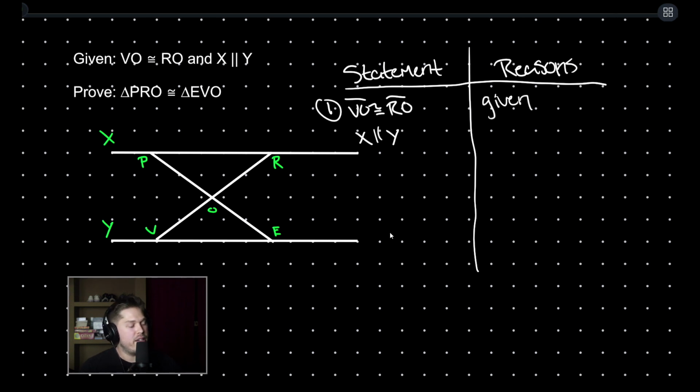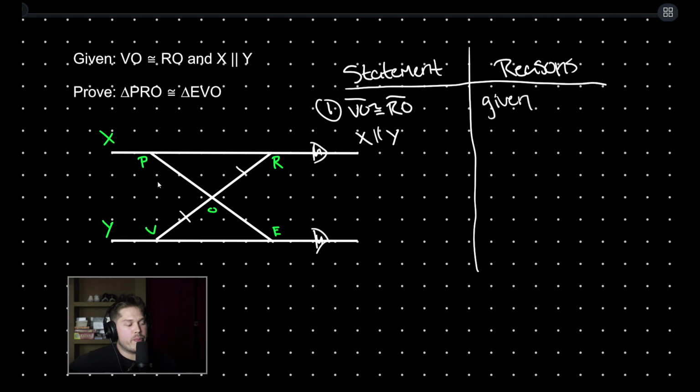So what does this tell us? Well, VO is congruent to RO. So that means this side matches that side. Okay. So that was just a given. One of the sides matches. So X and Y being parallel, what does that tell us? So let's label these lines to be parallel.